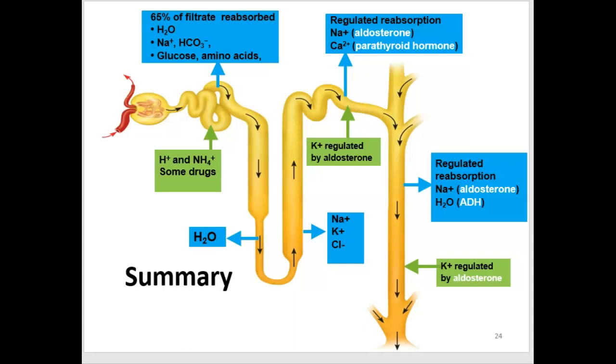The nephron loop is involved with reabsorption of water and ions, sodium, potassium, and chloride. It creates a gradient in the renal medulla so that the deeper you get into the medulla, the more concentrated is the interstitial fluid. And the collecting duct dives down into that environment, and water is reabsorbed.